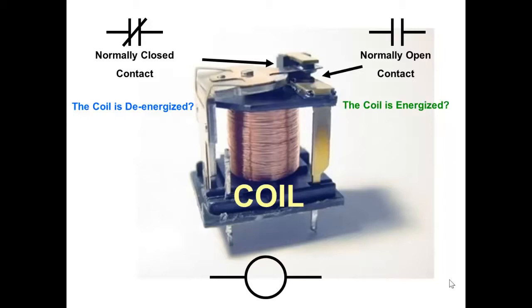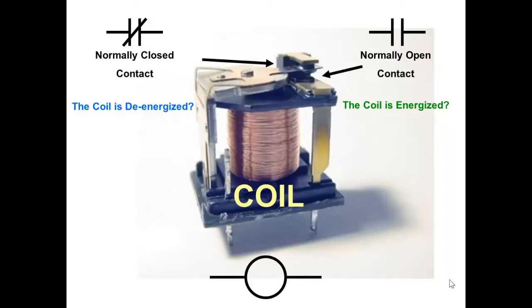Consequently, on the other side, the normally open contact, if you want to ask, is the coil energized, meaning that all three switches are closed, you use the normally open contact to query the coil, and if the contact is closed and you have continuity, then the coil is energized, and that represents collectively those three switches.